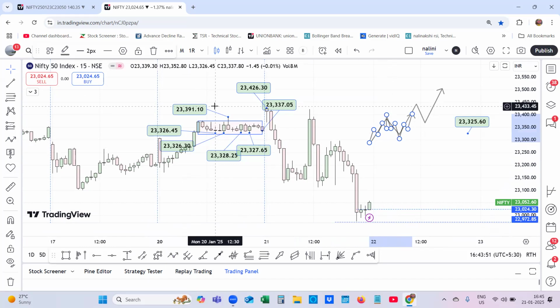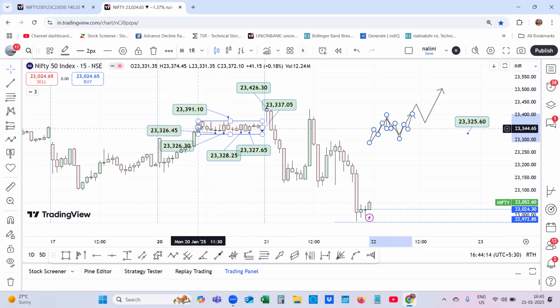No, price didn't show it, but there was a distribution happening in the market yesterday itself at the top, right? Yesterday, to one of my viewers, I was mentioning that it is showing weakness. How? See, this was the range.